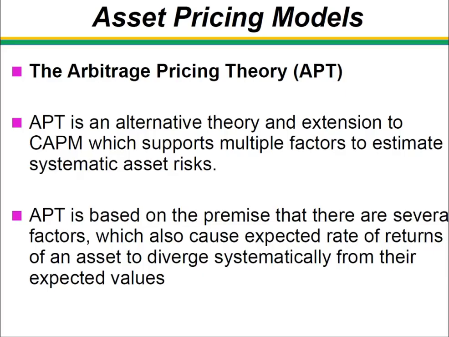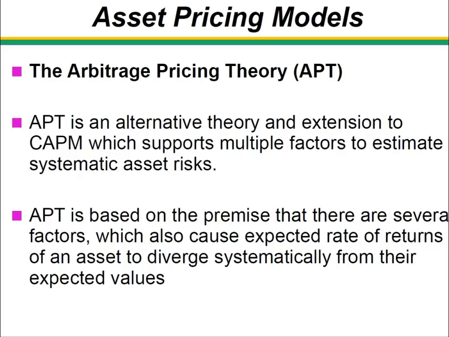APT is based on the premise that several factors can cause rates of return on assets to diverge systematically from their expected values. These factors might include changes in inflation, industrial production, interest rates, credit spreads, or other macroeconomic variables.